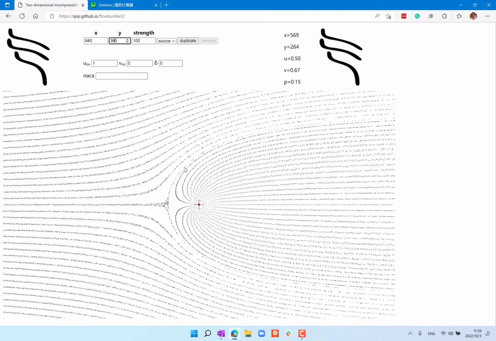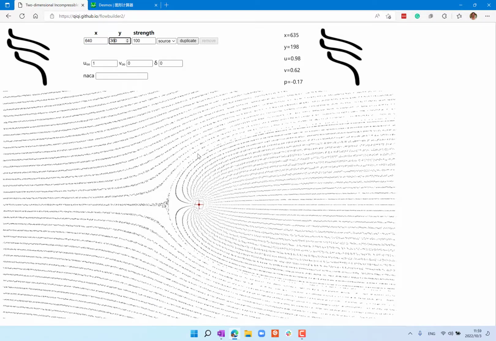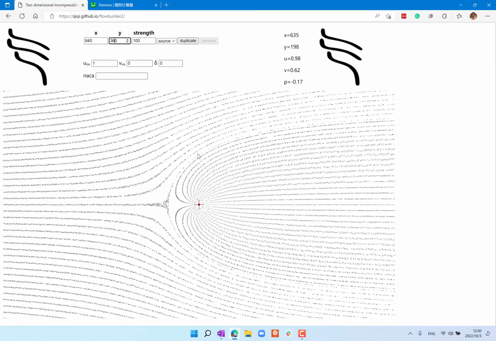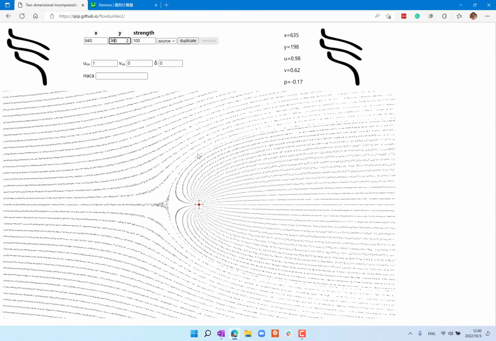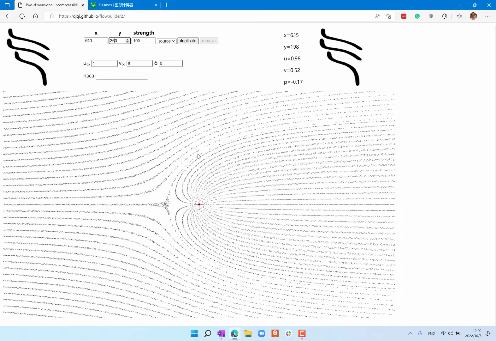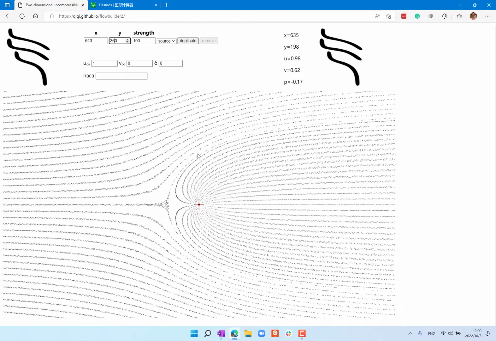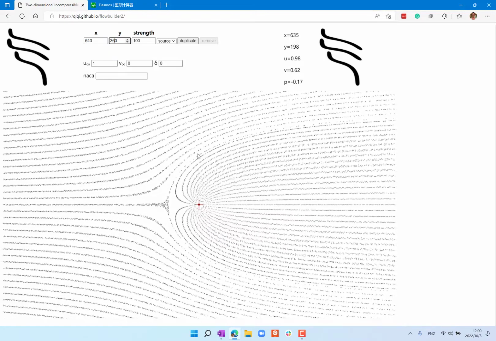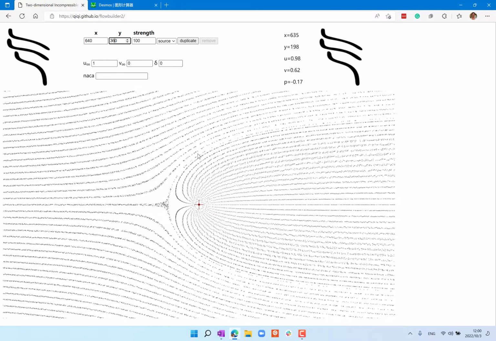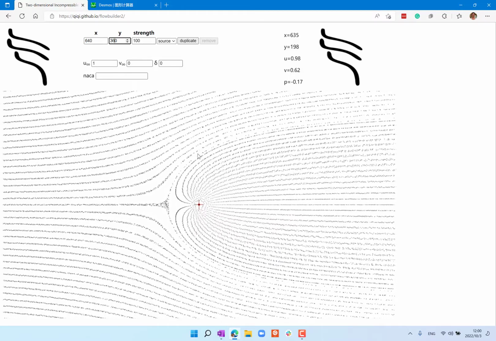And as you go around it, like as you go towards here, the pressure becomes negative, which means the velocity is higher than free stream, right? Positive pressure means, according to Bernoulli, the velocity is slower than free stream. Negative pressure means the velocity is higher than free stream.